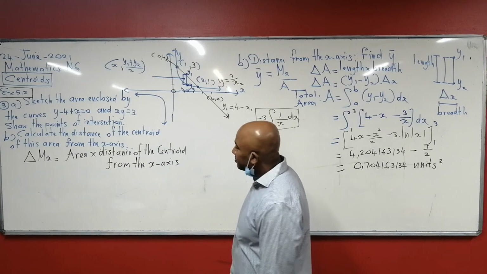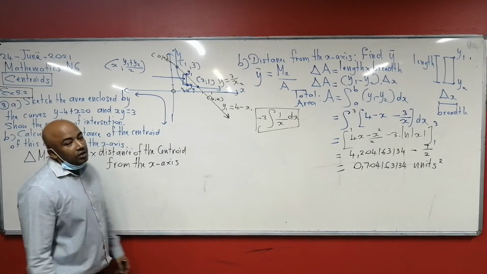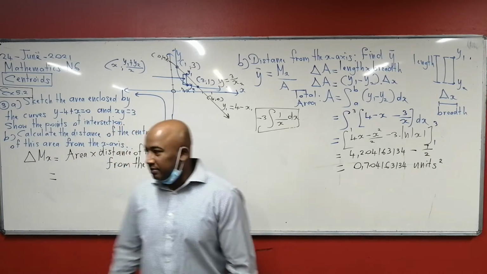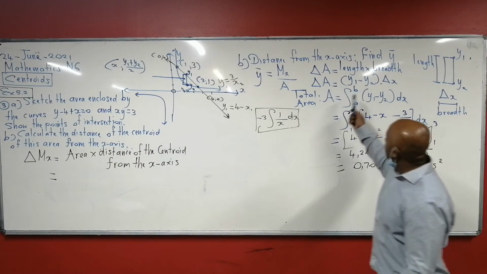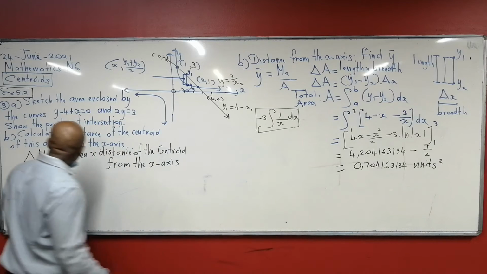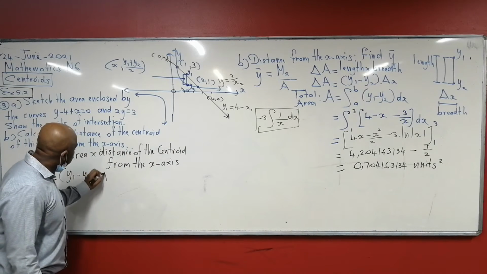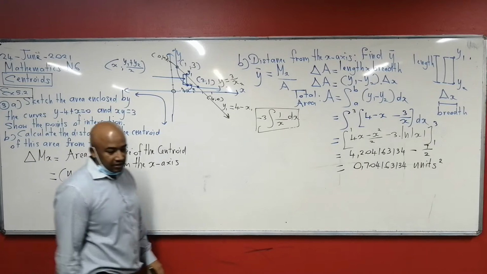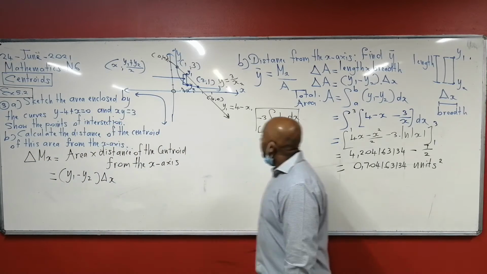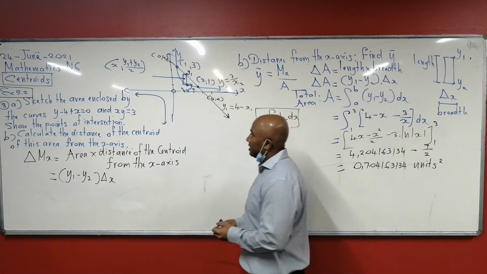Okay. Now, what is the area? Here's the area. So the area is y1 minus y2 times delta x. Right. Then the distance of the centroid from the x-axis.